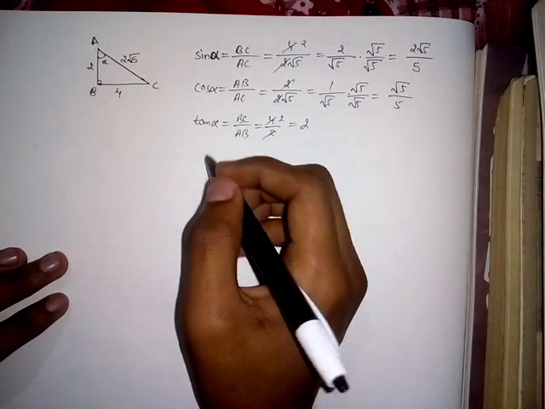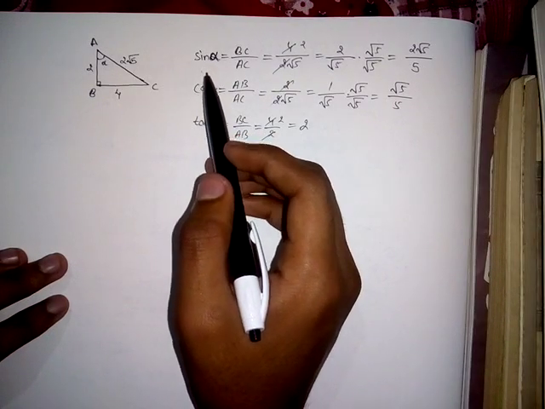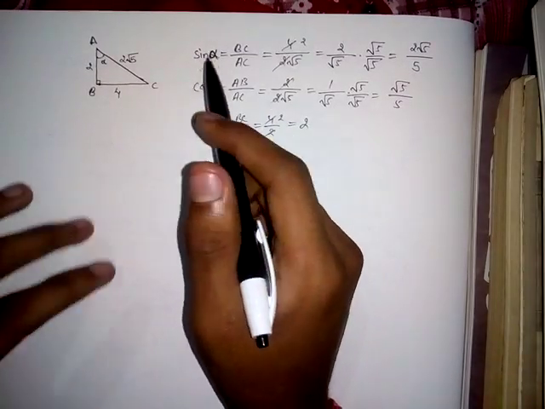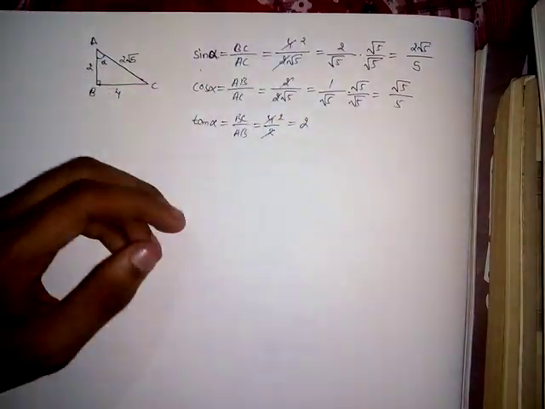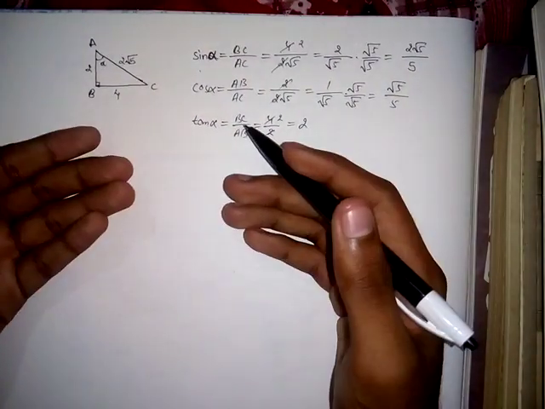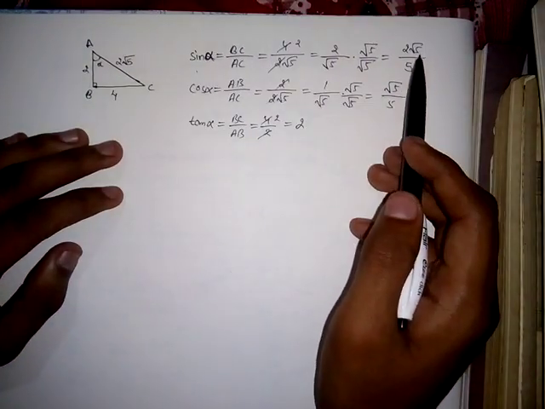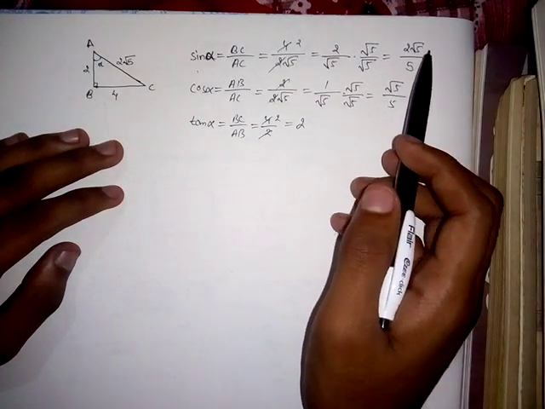Now if I ask you to find the cosecant of alpha, cosec alpha, it will be the reciprocal of sine alpha. If sine alpha is 2 root 5 over 5, so cosec alpha will be 5 over 2 root 5.